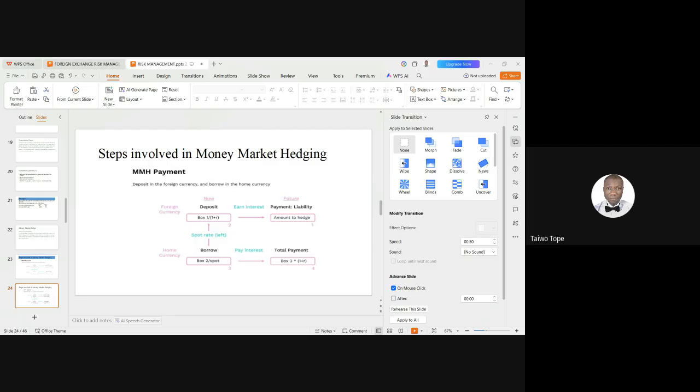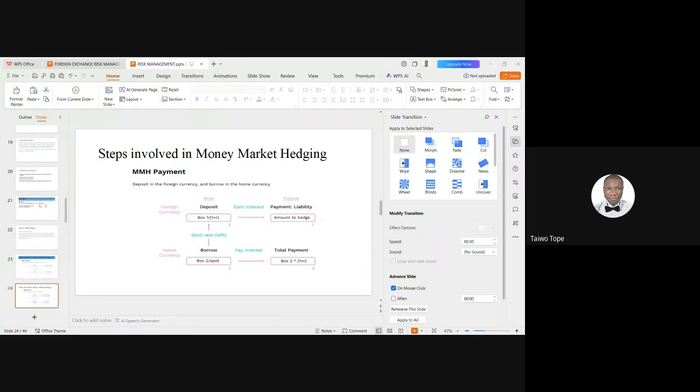You are bringing the foreign currency to your bank. The bank will buy at a lower rate. So you are converting based on the spot rate. You use the value on the left, which will always be the lower value. So when you convert this foreign currency at the lower rate, you will get the amount in your home currency.